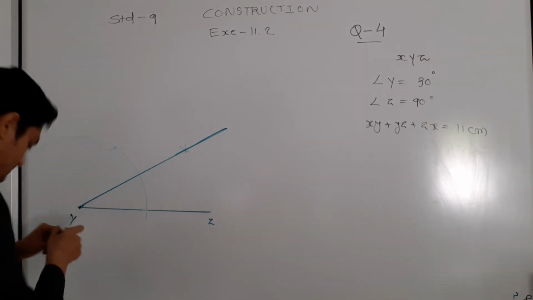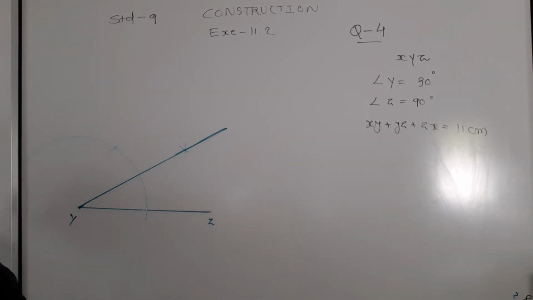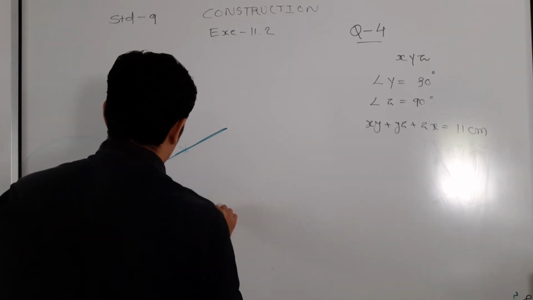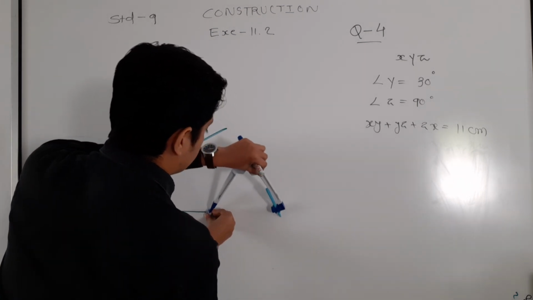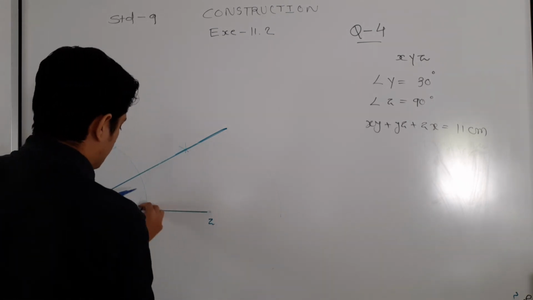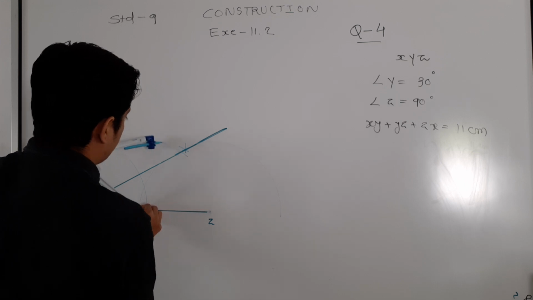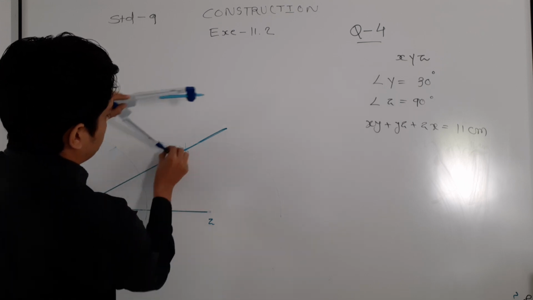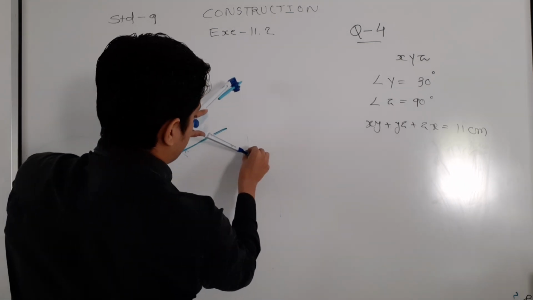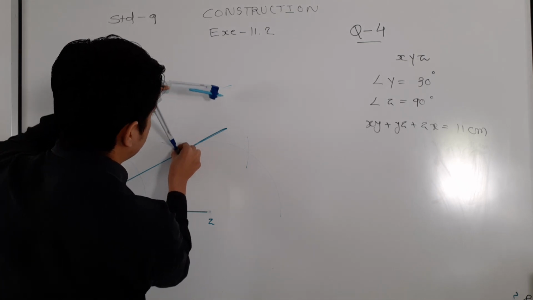For that, again take more than half radius and draw a semicircle. Now this is 60, this is 120, and the bisector of 120 and 60 is 90.